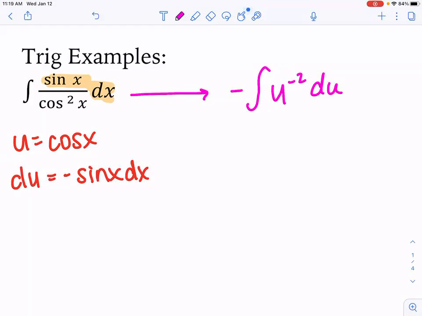We can only do our logarithmic rule when it's 1 over x or 1 over u. But as soon as there's a power, we have to use the power rule. So this becomes u to the negative first times negative 1 plus c, or 1 over u, right?